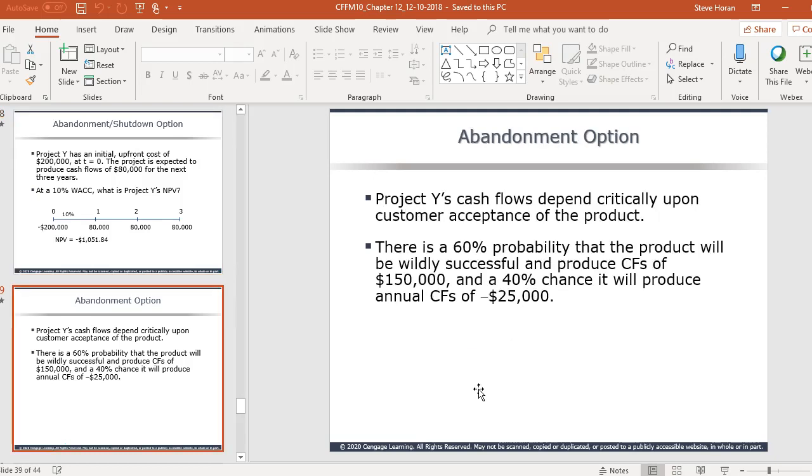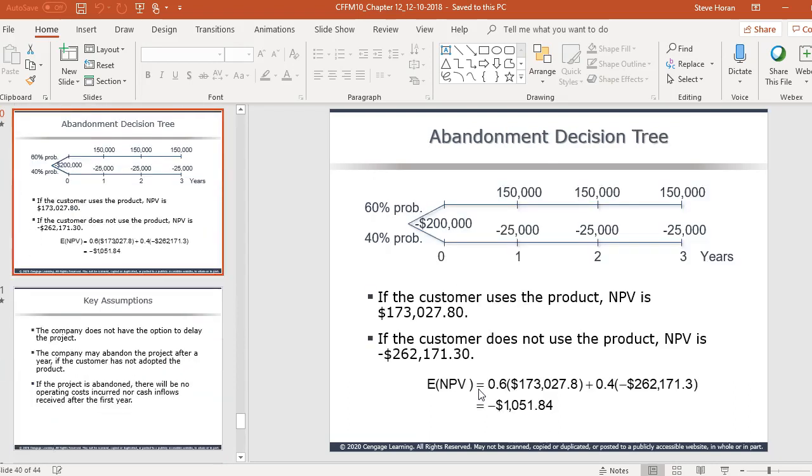And it says here the cash flow is critically dependent upon a customer accepting the project. And there's a 60% probability the product will be wildly successful and produce cash flows of $150, and a 40% chance that it will not work out and have a negative cash flow of $25,000.